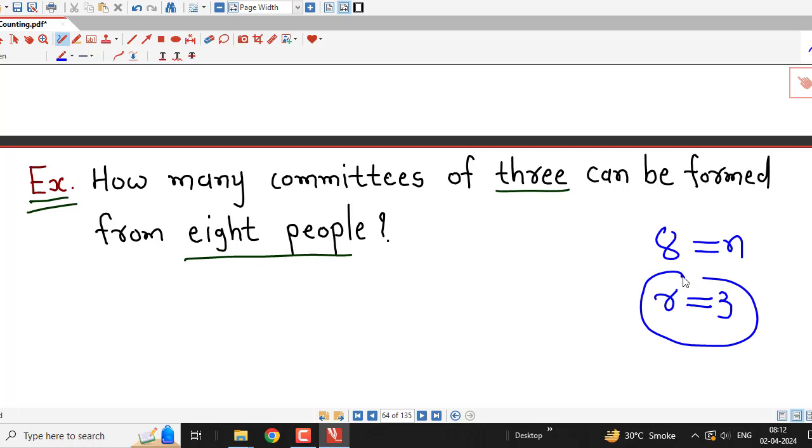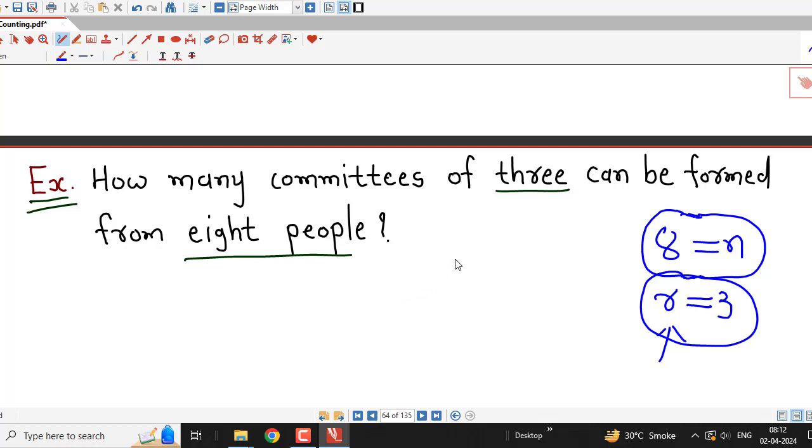So there are different ways of selecting 3 people out of 8 people. We have to decide the total number of selections of 3 people out of 8 people. And it is common sense that while selecting persons from the given total number of persons, order is not important. It does not matter which person is selected first.